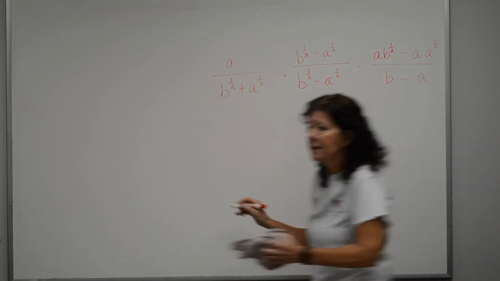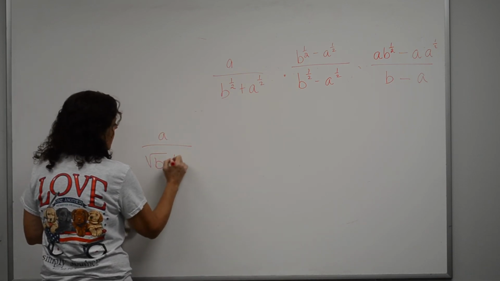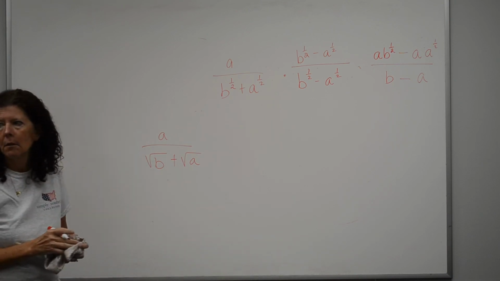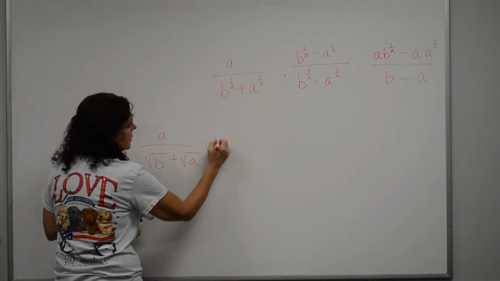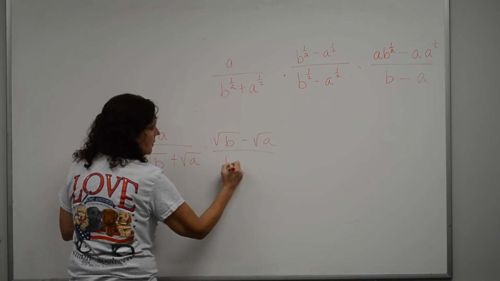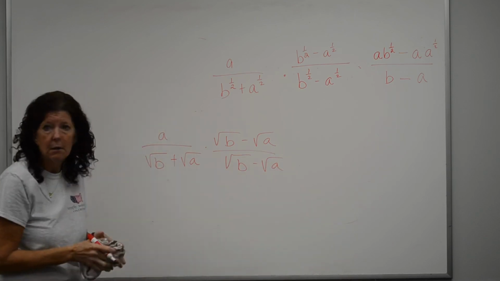If I had written this out, it would have been the square root of B plus the square root of A. What would you have multiplied it by? Right? Isn't that what you would have multiplied it by?